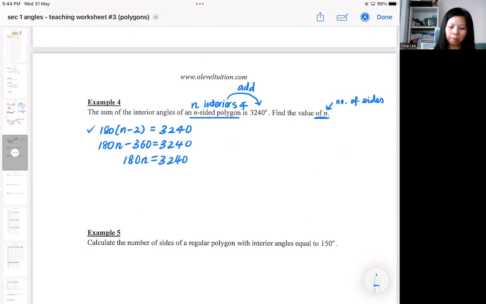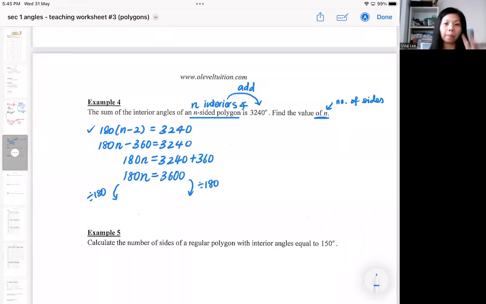You do a plus 360 on both sides. Then you divide by 180 on both sides. It's like your algebra where you want to solve for x, but in this case, I'm solving for n.